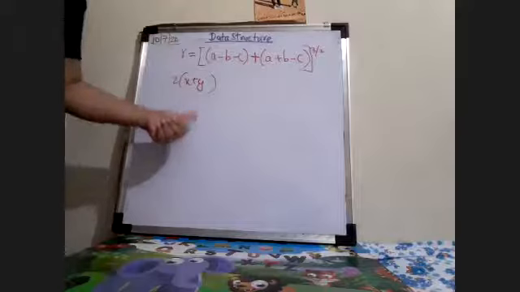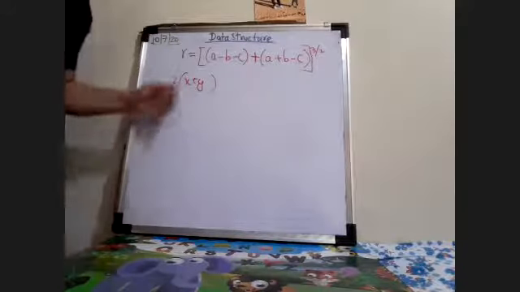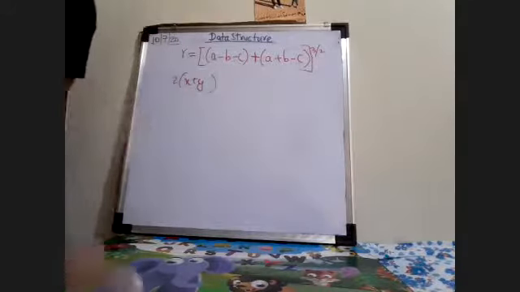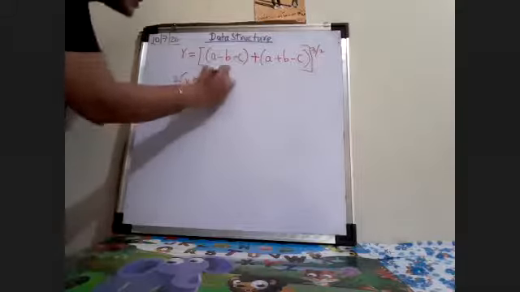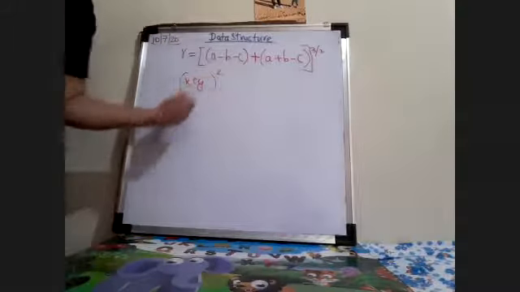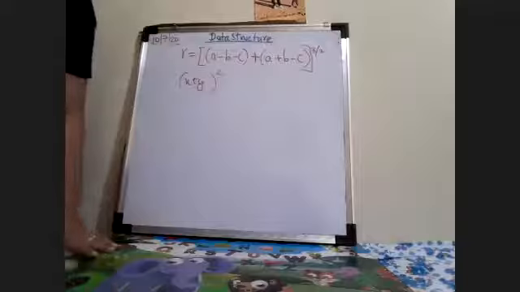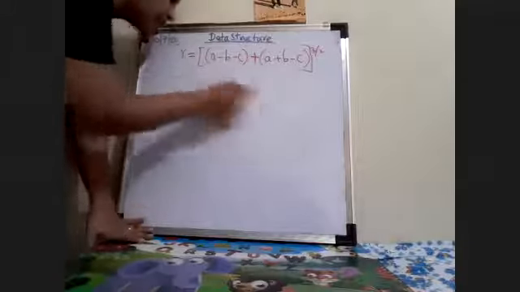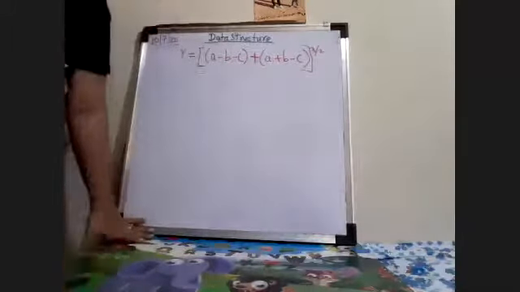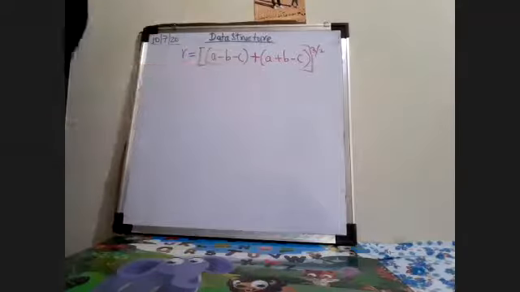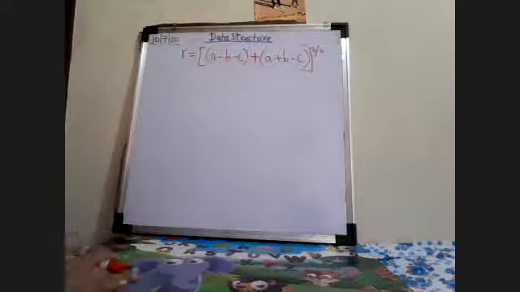What you do is expand it to 2x plus 2y. You don't have to expand. If the square is asked, you start writing its formula. No, you don't have to expand the expression. You only have to draw the diagram of this expression. That's all. Okay. So let's start.